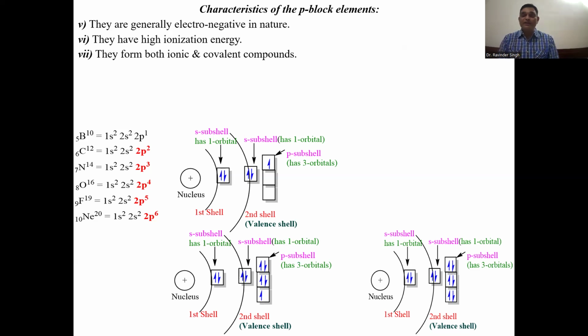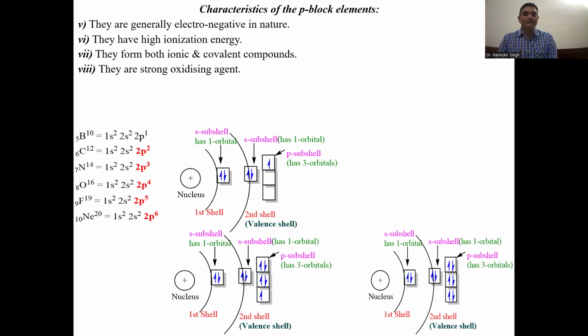Sodium, atomic number 11, can lose one electron and becomes like neon, atomic number 10. Fluorine, atomic number 9, can take that electron. So NaF is an ionic compound. Similarly, NaCl is an ionic compound. So the p block elements can form both types of compounds, ionic as well as covalent.